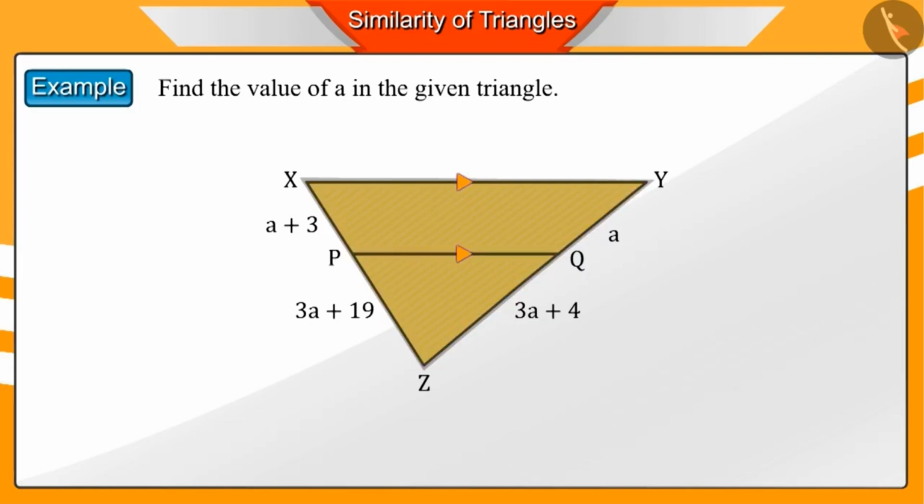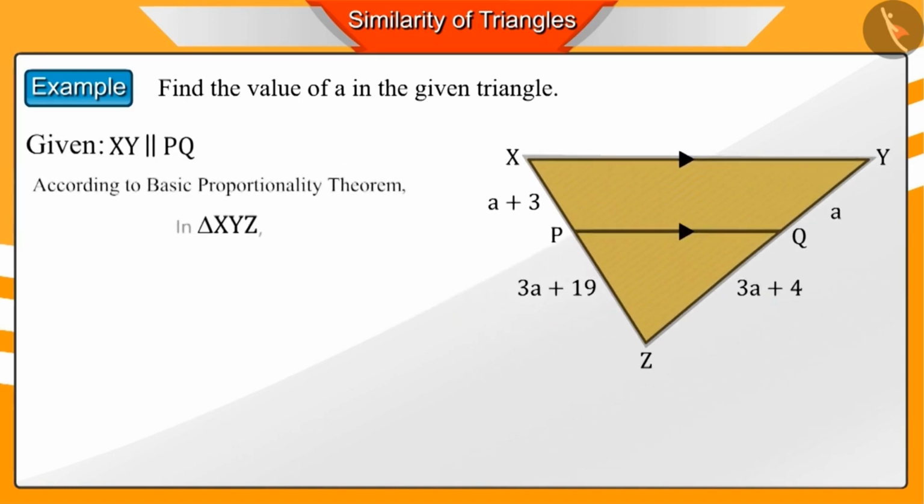The arrow marks here show that lines XY and PQ are parallel lines. Hence, according to the basic proportionality theorem, we can say that in triangle XYZ, XP, PZ and YQ, QZ will be proportional. Can you guess the next step?